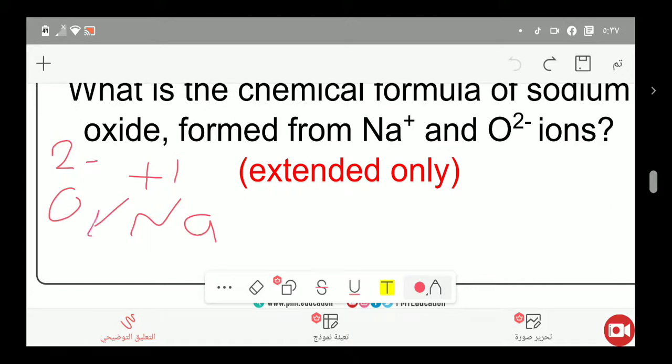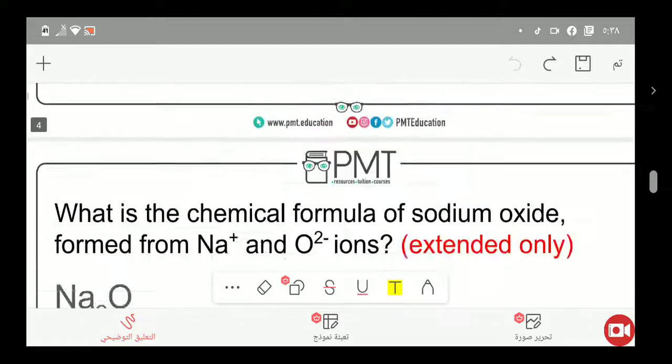By cross multiplication, signs are not important, so it can be written as Na2O, because the 1 goes to the other element. This is all about naming sodium oxide, Na2O.